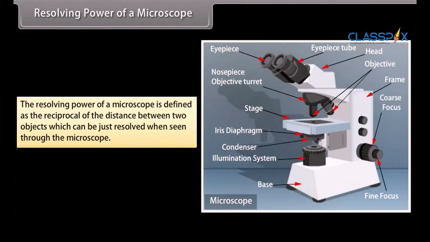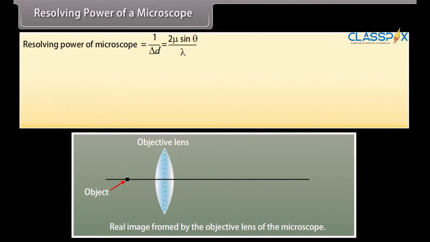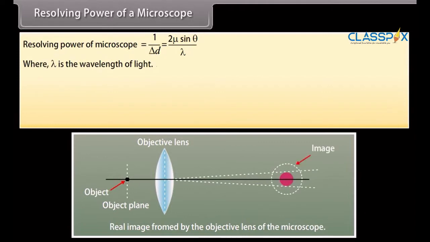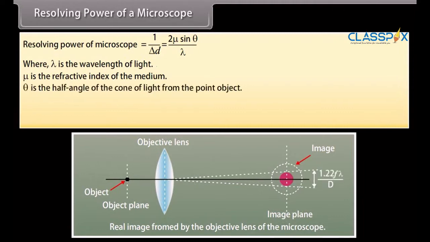Resolving power of a microscope. The resolving power of a microscope is defined as the reciprocal of the distance between two objects which can be just resolved when seen through the microscope. 1/ΔD = 2μ sinθ/λ, where λ is the wavelength of light, μ is the refractive index of the medium, and θ is the half angle of the cone of light from the point object.